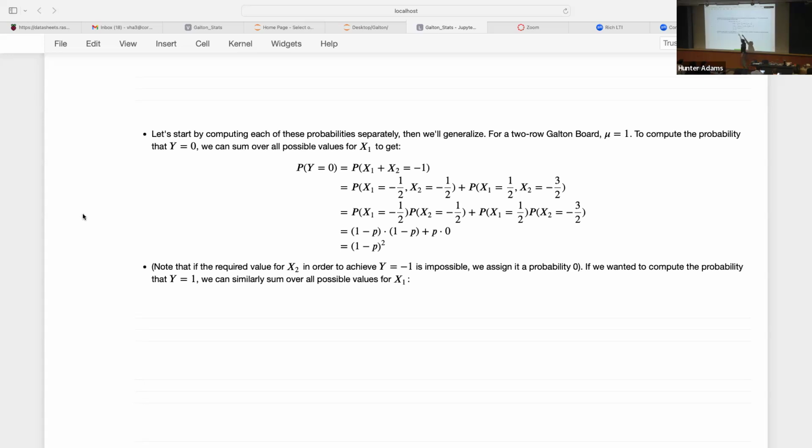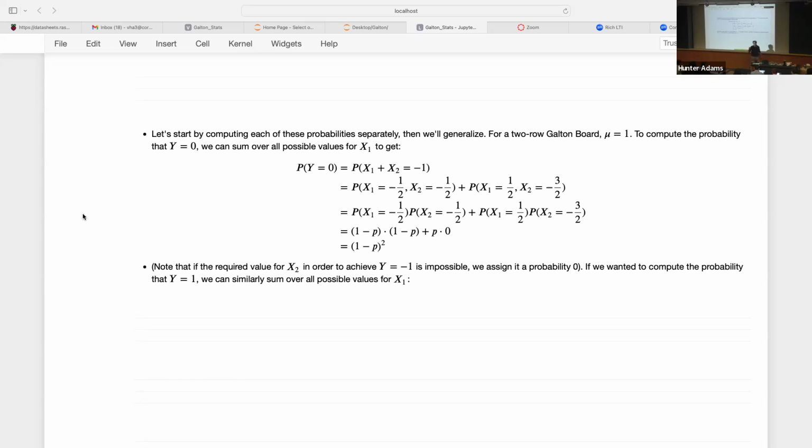Because each of these random numbers is independent, the probability of that and that is equal to the product of their 2 independent probabilities. And so we say, well, the probability that x1 is -1/2 and x2 is -1/2 is the product of x1 being -1/2 and x2 being -1/2. And then likewise over here, we know the probability of each of these events.